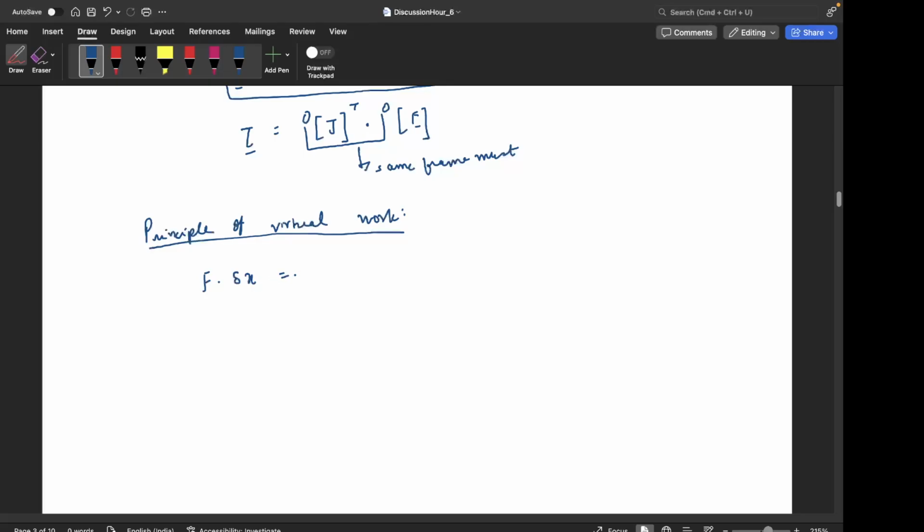Then the work done by this force for creating a displacement delta x should be equal to the work done by the torques at the joints through their small displacements. So this relationship should hold.